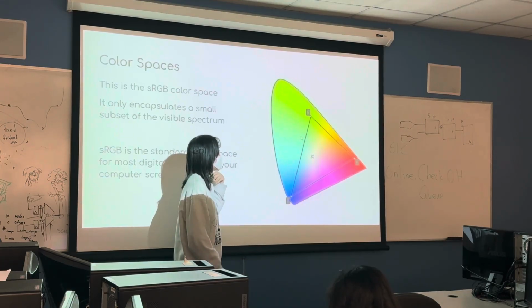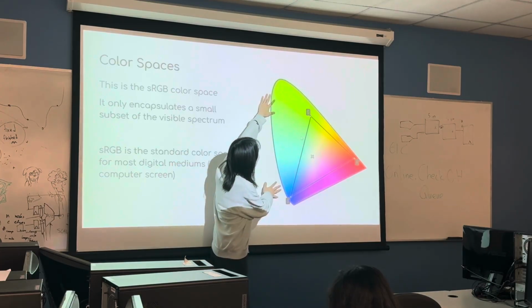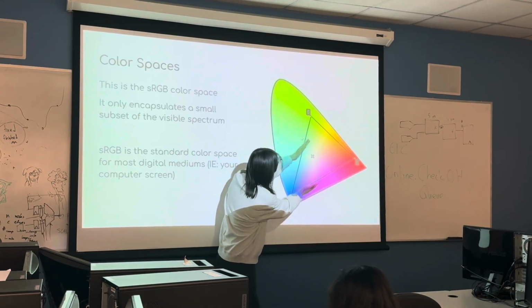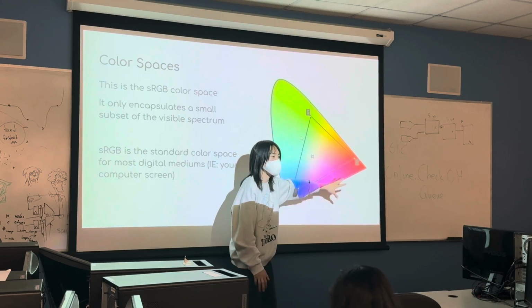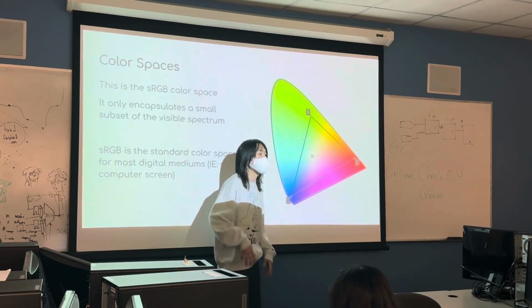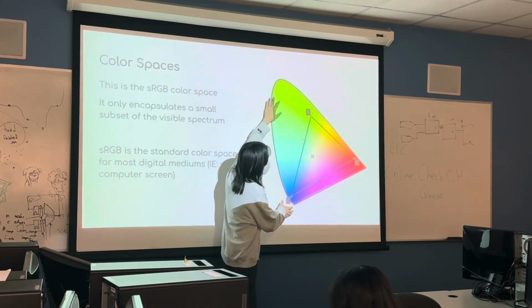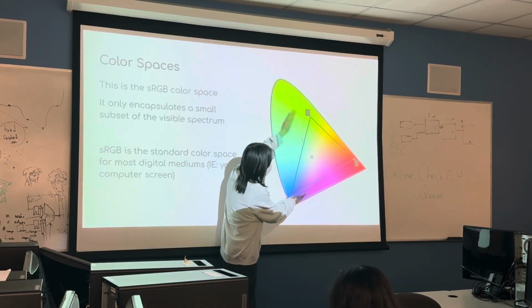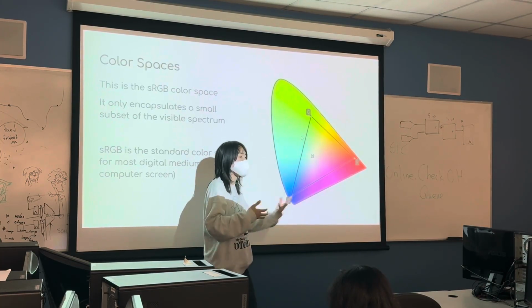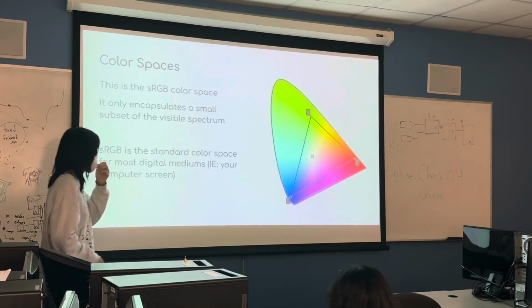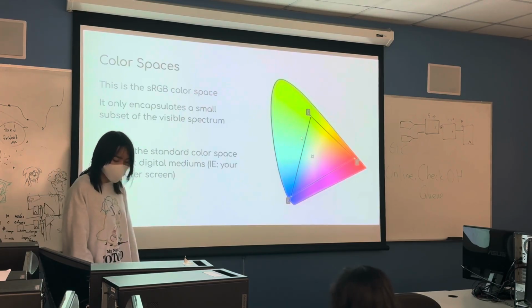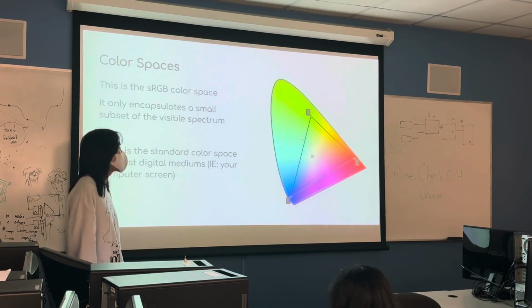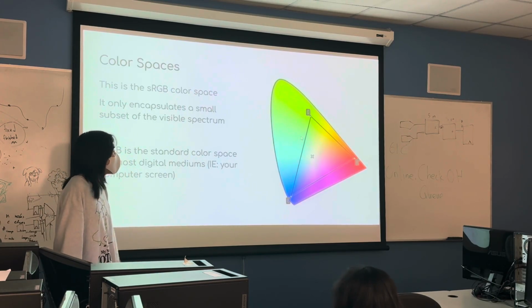What ends up happening is that these colors get mapped over, or squished, into this tiny triangle, and that's what gets displayed. So you lose a lot of color information, and it tries to approximate the whole color gamut into this tiny triangle of the sRGB color space. Does that make sense? Yeah. Unfortunately, the sRGB color space kind of sucks.